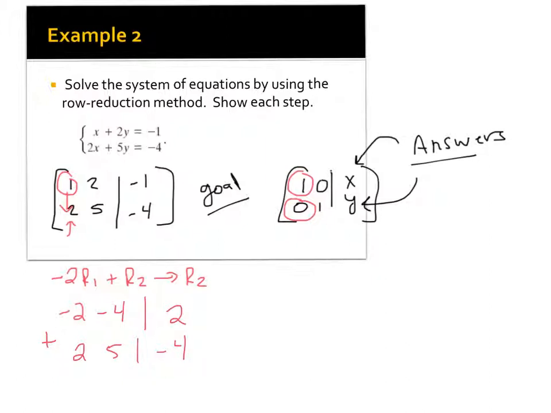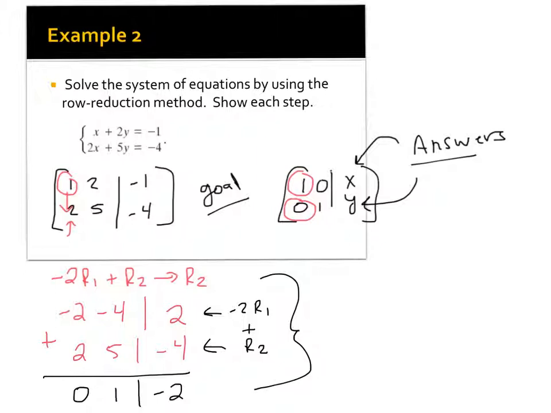So this piece right here was -2, row 1. This piece right here is row 2. I'm adding them together. And so my result is going to be 0, 1, -2. So I take what I've done here, and I'm going to rewrite what I've done so far with the matrix.